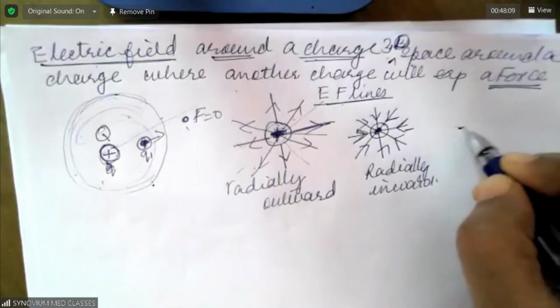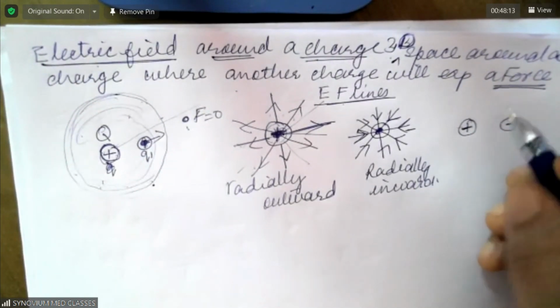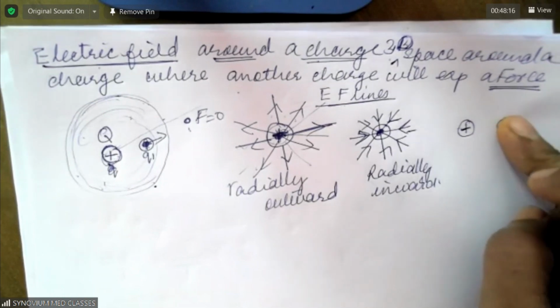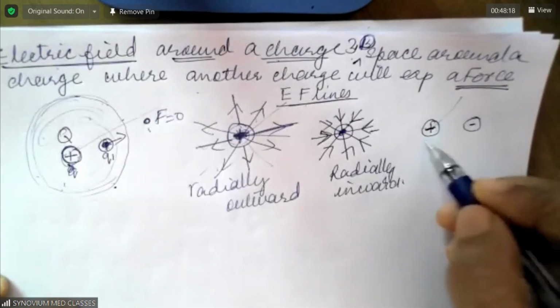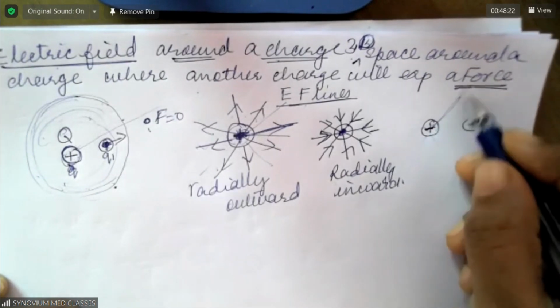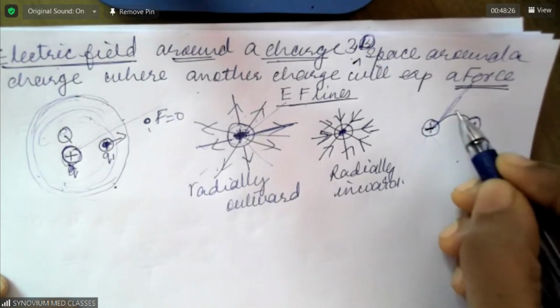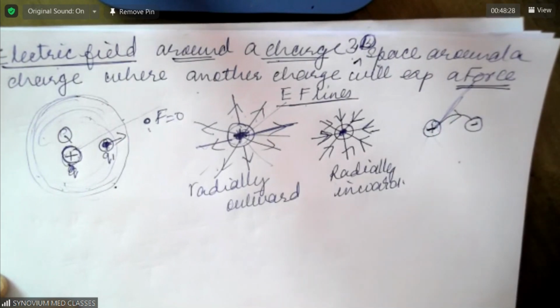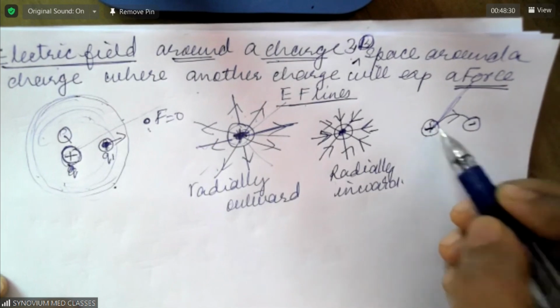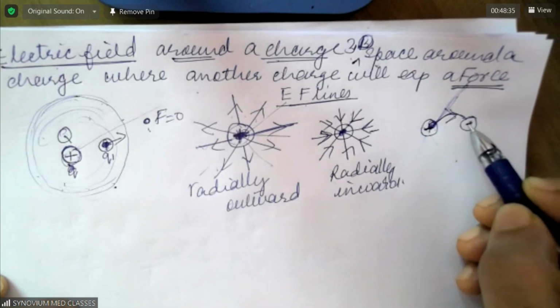So if you place a positive and a negative charge closer, what will happen? If this negative charge were not there, it would be radially outward. But because of the presence of this one, this line which would have been going that way will bend and converge on this. So this clearly shows that the electric field line starts from positive, ends on negative.